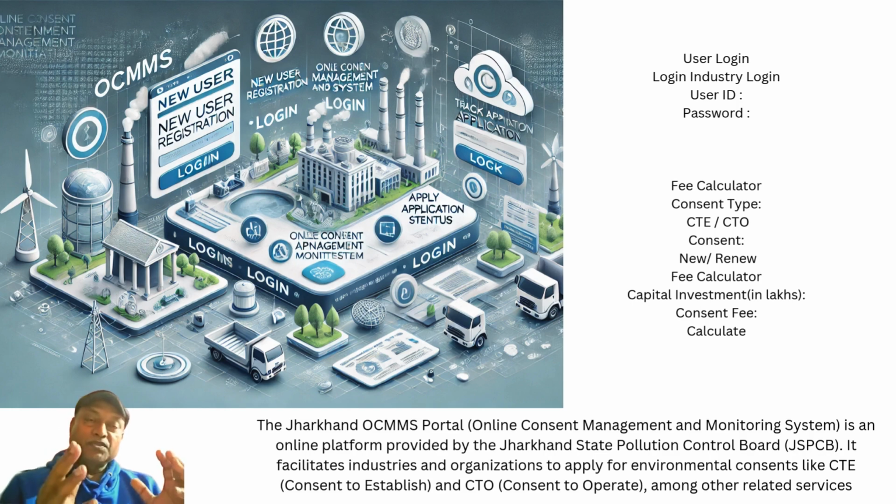These industries have to obtain certain licenses, that is consent to establish and consent to operate. Here I will tell you how to obtain consent to establish and consent to operate through the online portal, that is OCMMS, Online Consent Management and Monitoring System, which has been developed by the NIC for the state pollution control boards.